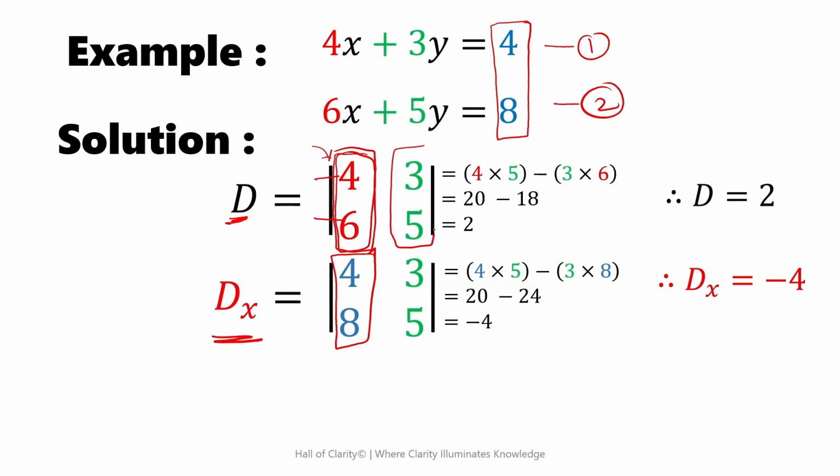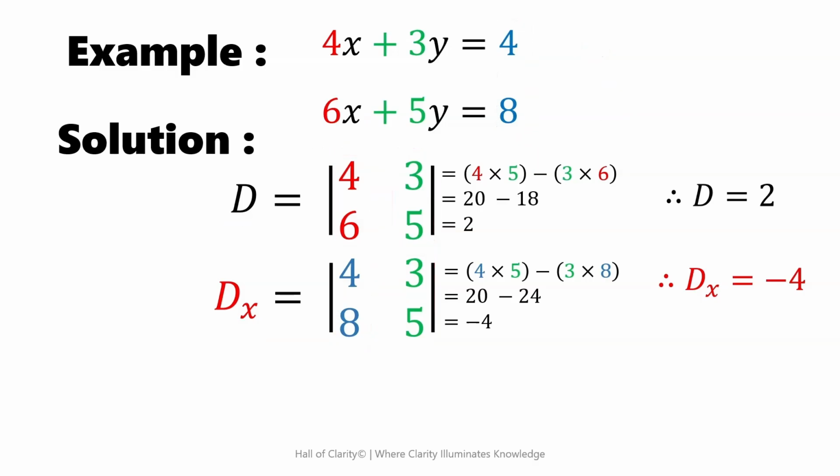And the remaining column 3 and 5, which belongs to coefficients of y of both the equations, will be written as it is. So after writing this determinant Dx, we will simplify this and we will get the value of Dx as minus 4.